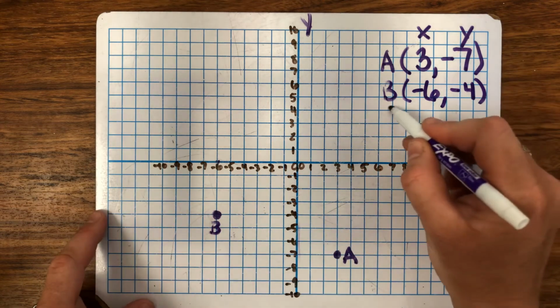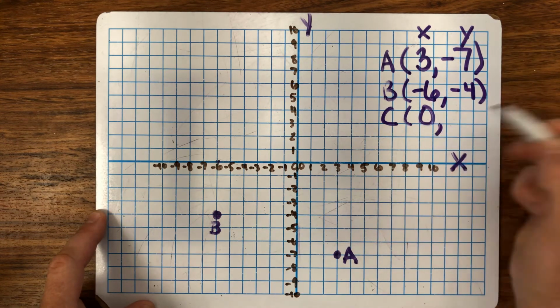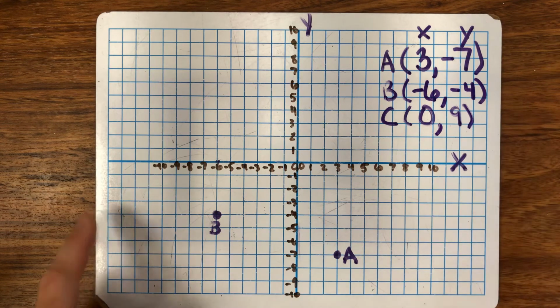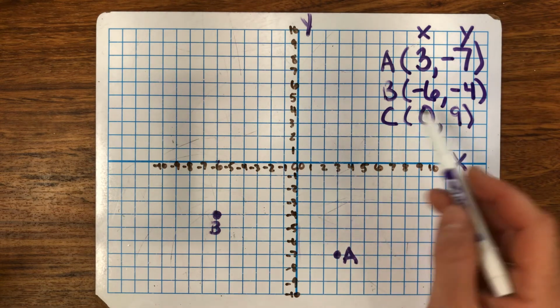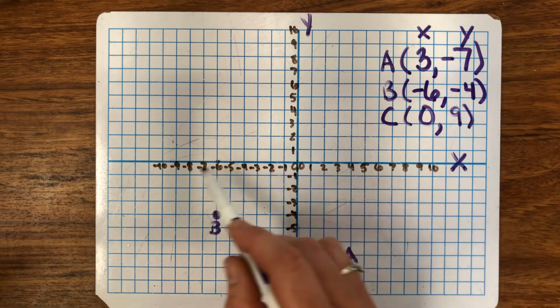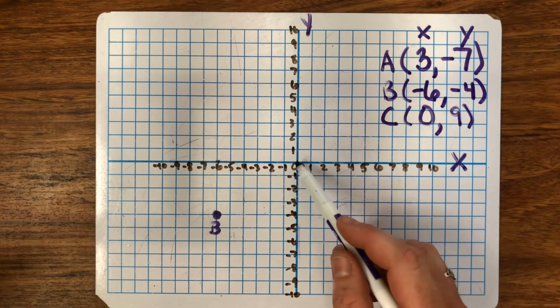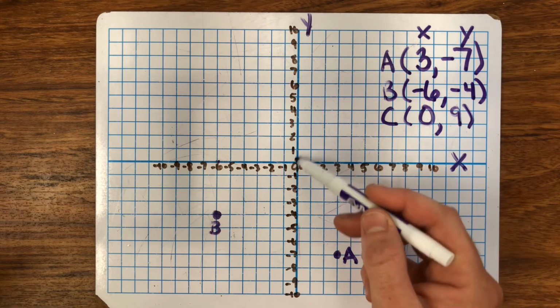And that is point B. Okay. Point C, let's do 0, 9. All right. So we start at the origin. Now, since 0 is the X, do we go anywhere on the X axis if it's 0? No. We just stay the same. 9 is Y, so we go all the way up to 9.